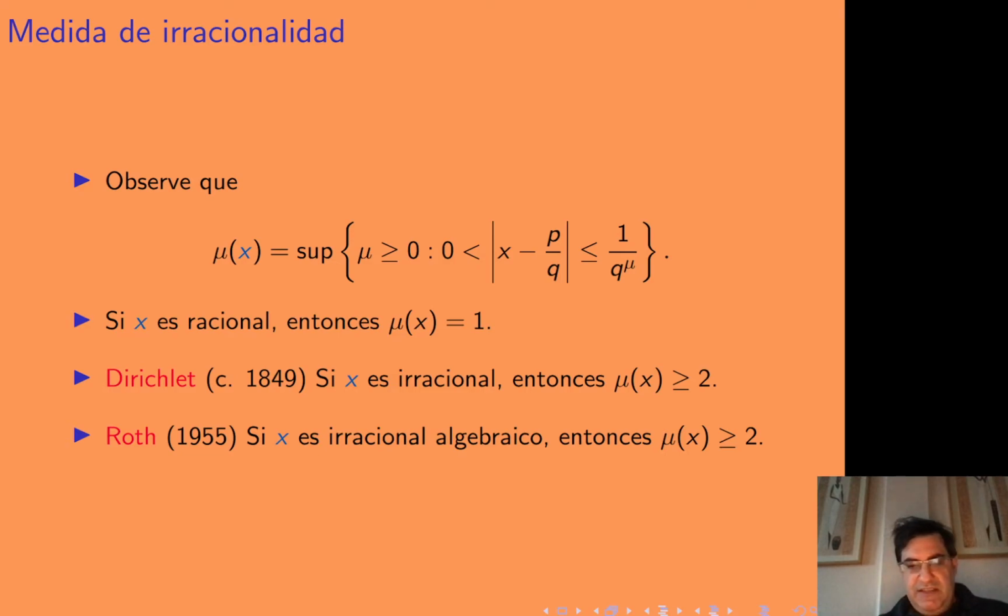If it's algebraic irrational, this is just equal to 2. Sorry, I just copied and pasted, and this should be equal to 2. So the problem, of course, is to obtain some irrational values for which mu of x is strictly greater than 2. This is a nice problem to solve.